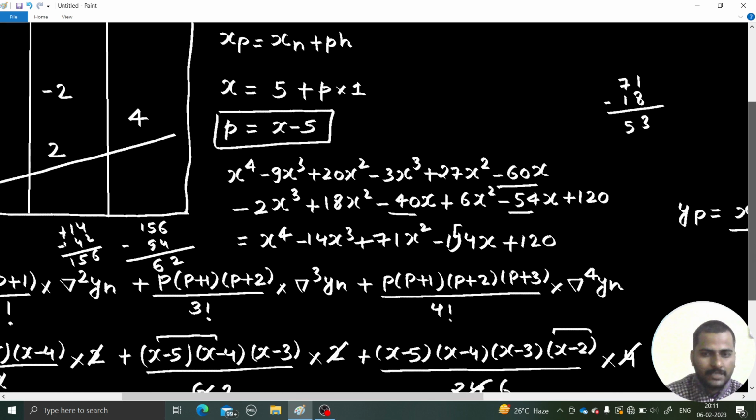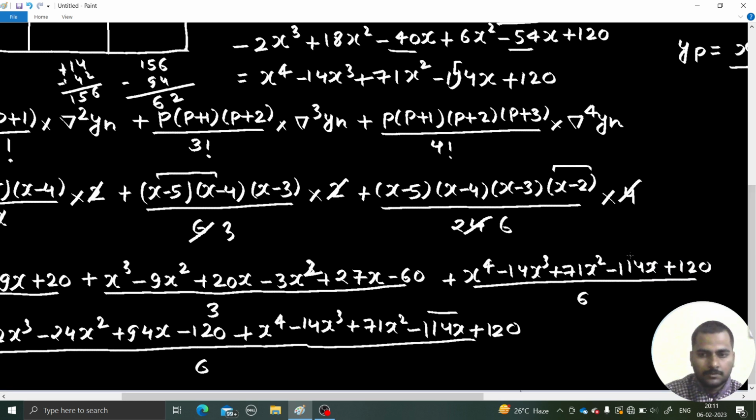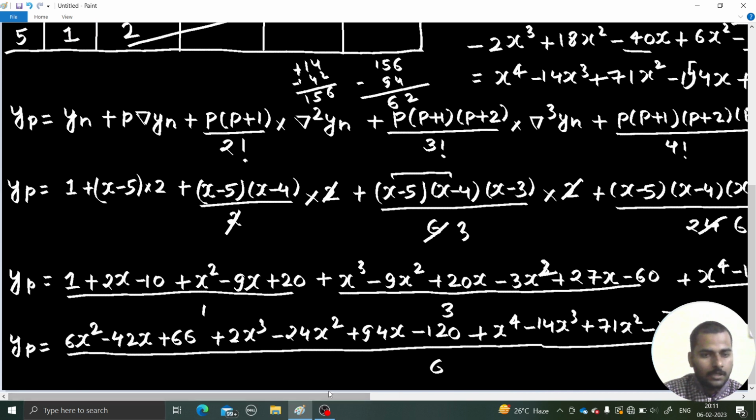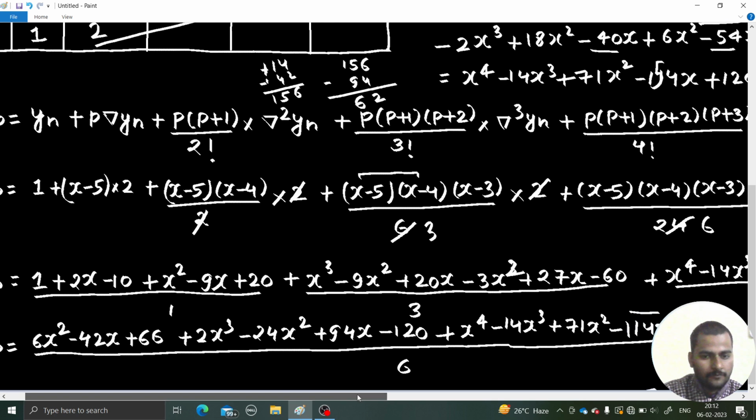If this is minus 154, then 154 negative, and what else is negative? 42 is negative and 94 is positive.